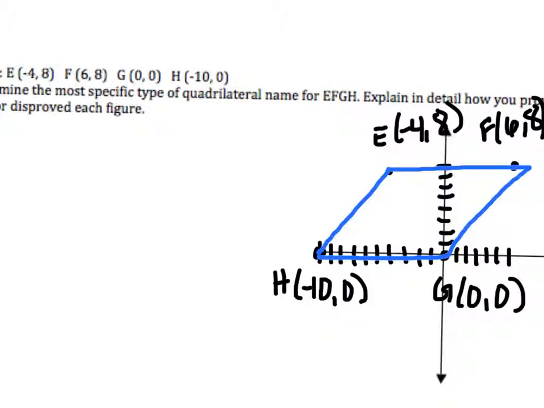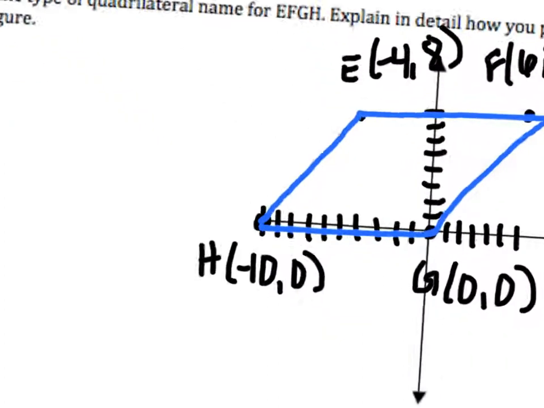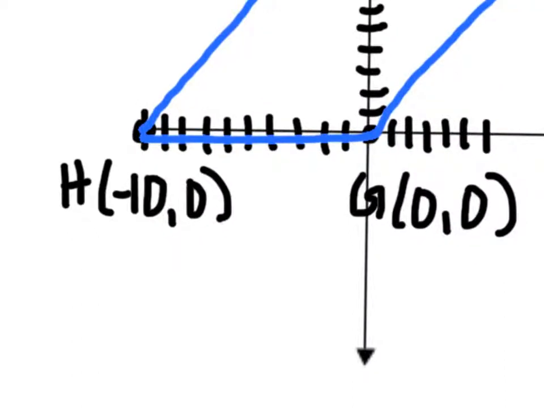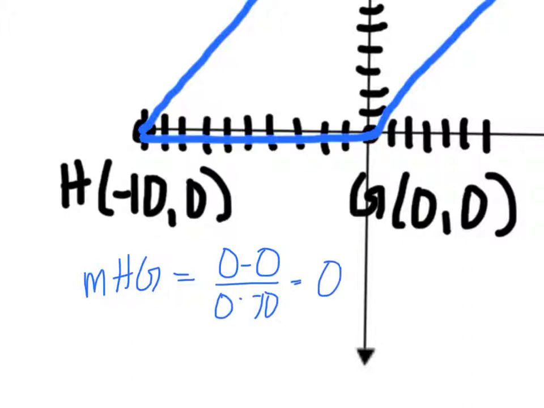Something good to start with is the slope of every side. So let's go ahead and find the slope of HG and EF. So this is going to equal 0.